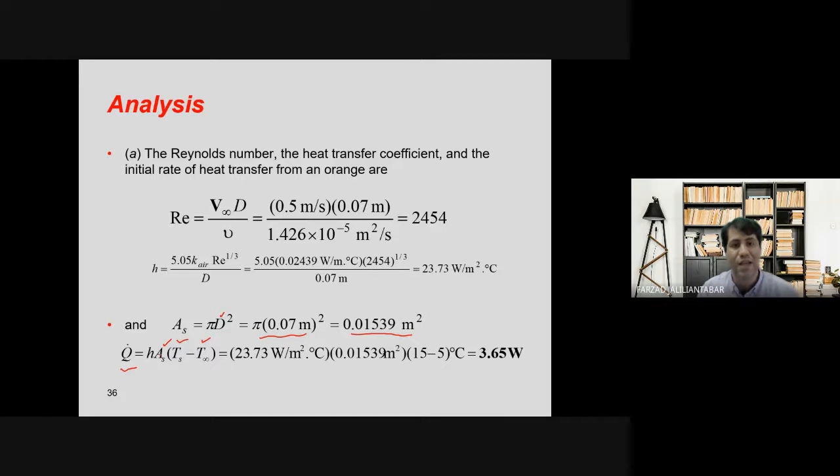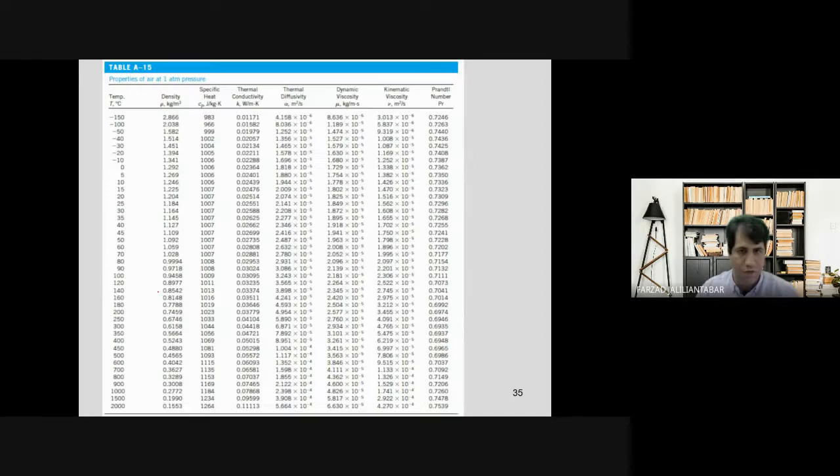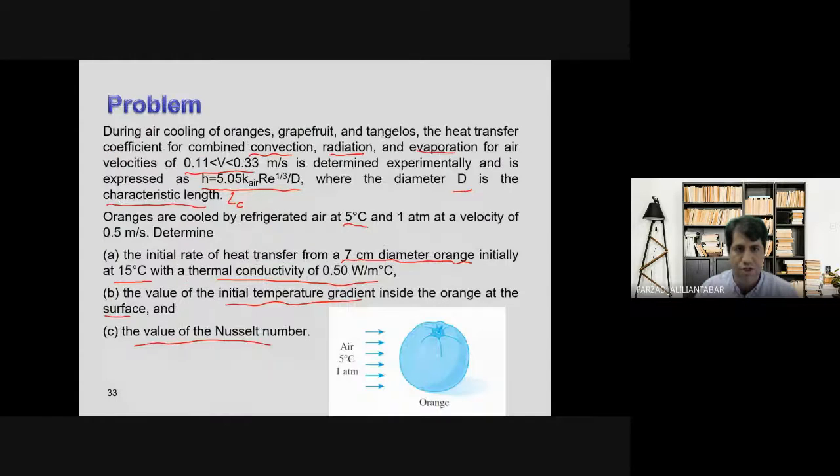To calculate h, we had this equation. Let's go back. This equation is given here. h is equal to 5.05 k of air, or thermal conductivity of air, times Reynolds number to the power 1/3, divided by D. So to use this equation, we need to know how much is k of the air, how much is the Reynolds number, and also the D.